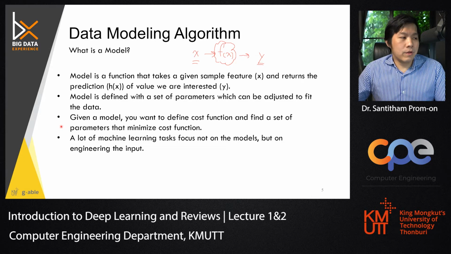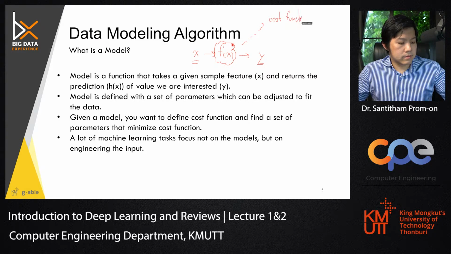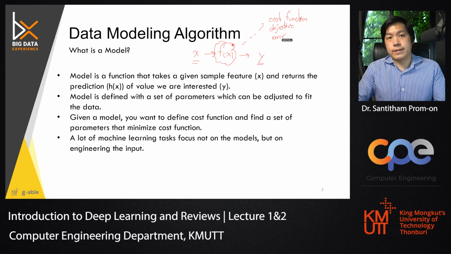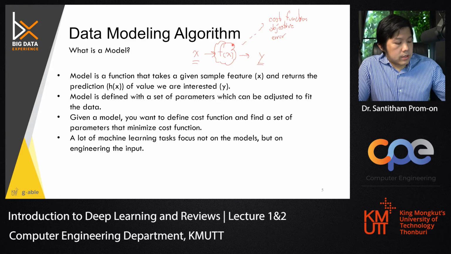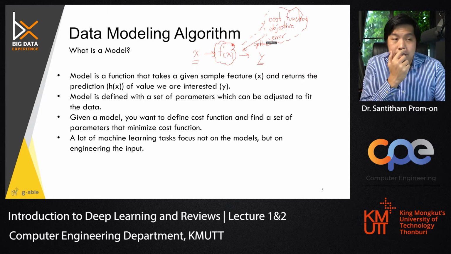When you want the model to be learned, you need to have something called a cost function, or objective function, or error function. Well, the same thing, or the loss function. Then you can use these as a criterion to optimize the parameters. Okay, so this is the basic concept here.